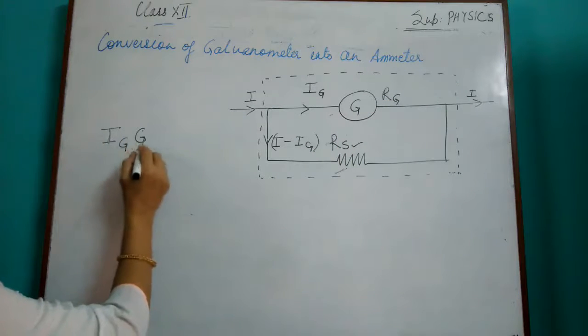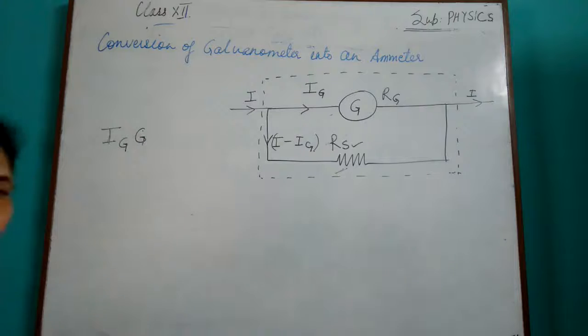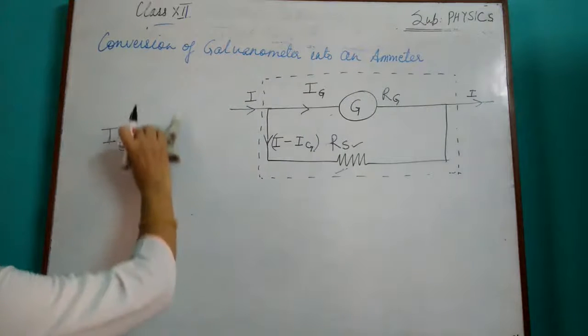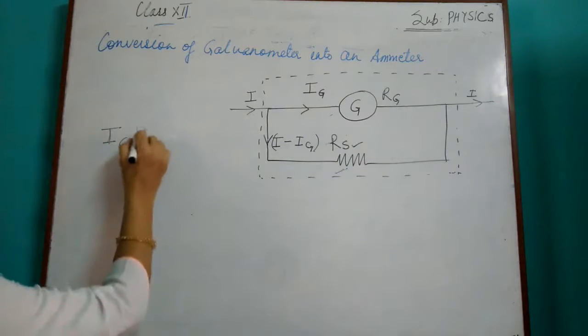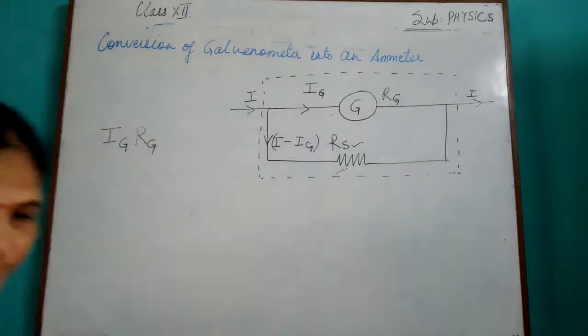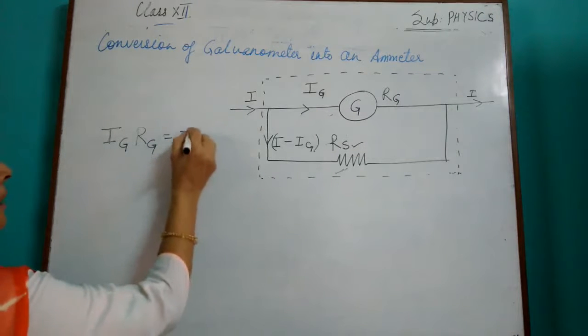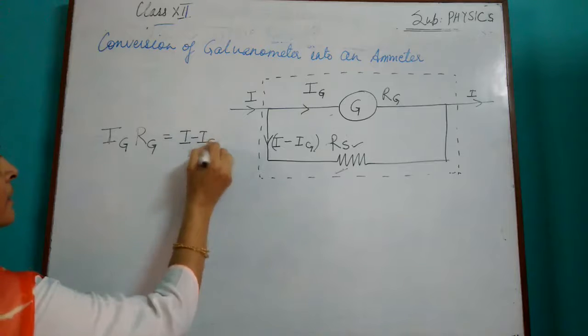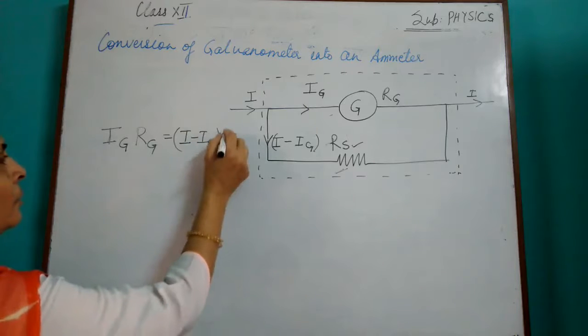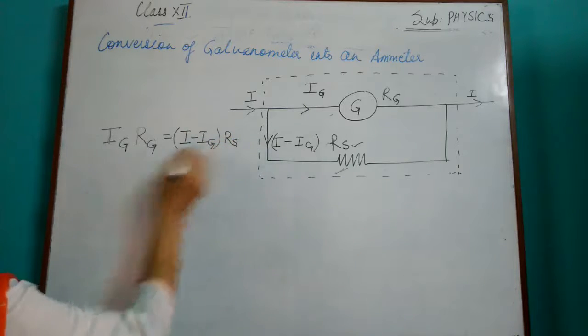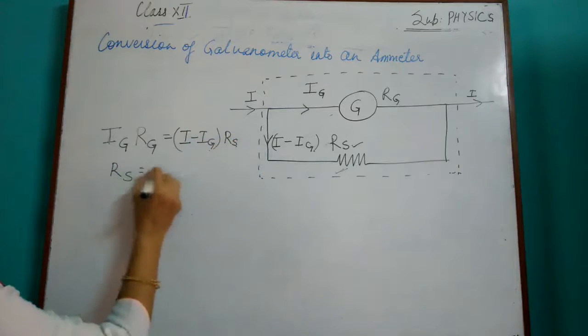So Ig into Rg, I will take Rg only here so that you don't get confused. G is galvanometer. So the resistance of the galvanometer times Ig is equal to I minus Ig into R.